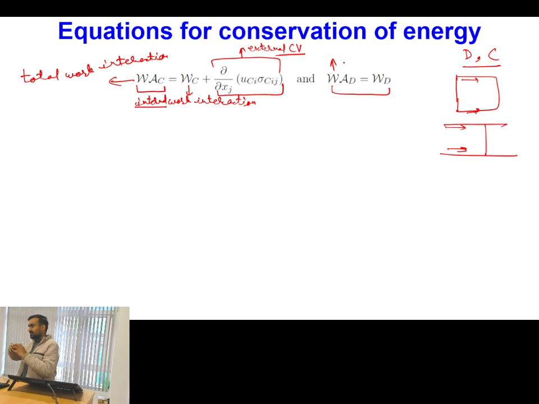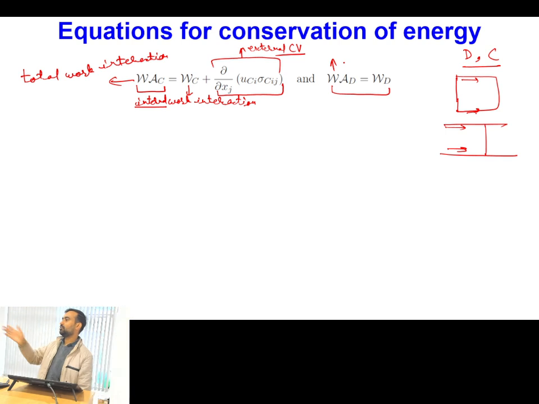Because the dispersed phase is completely present within the control volume only, it will majorly have forces in terms of the interaction forces with the surrounding. It will have work only in terms of interaction work with the surrounding continuous phase. Is this point clear?